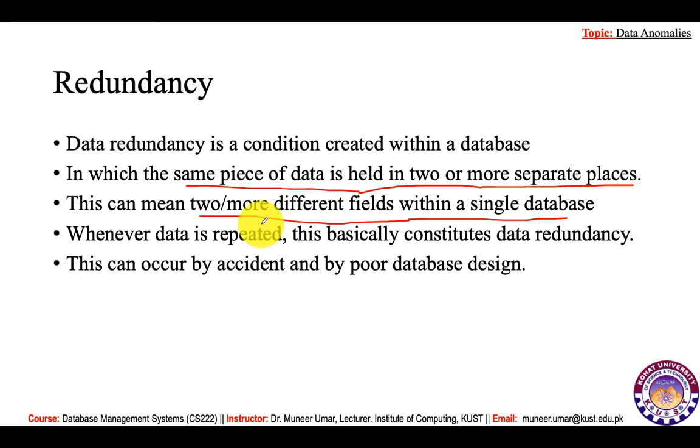Whenever data is repeated, this basically constitutes data redundancy. This can occur by accident or by poor database design. Mainly, the redundancy is caused due to poor database design. So, during the design phase, we must consider this and we must try to avoid such types of repetitions in the database.